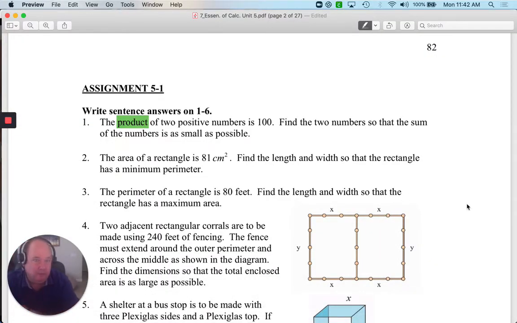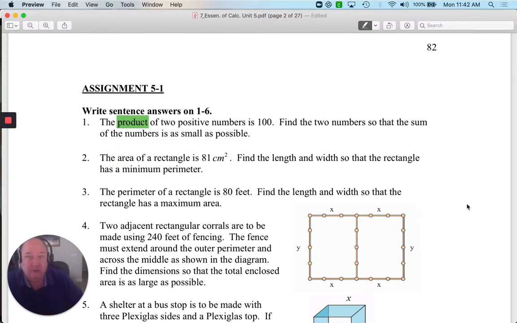Find the two numbers so that the sum of the numbers is as small as possible. So that gives me the equation I'm looking for. That's my goal, and so I need a goal equation. What equation describes my goal?